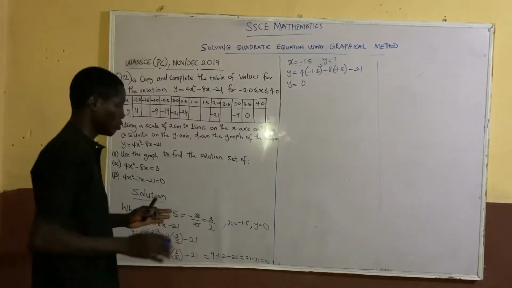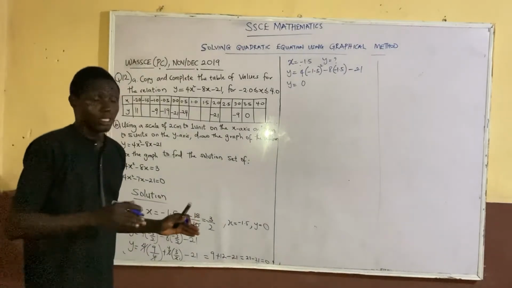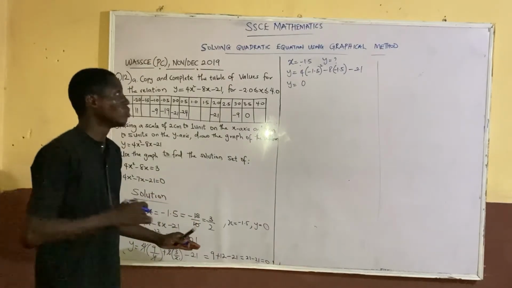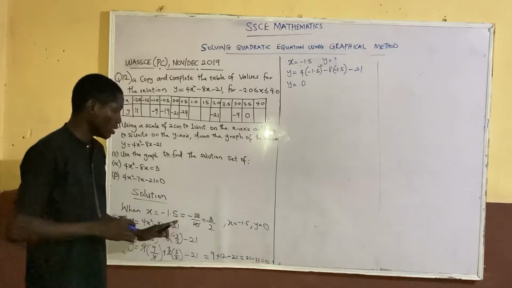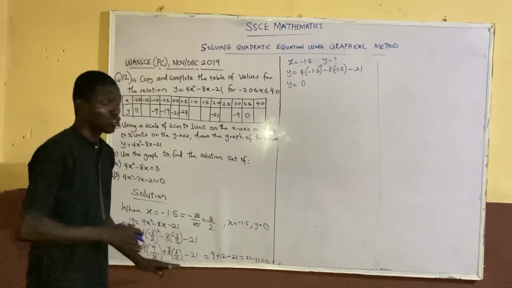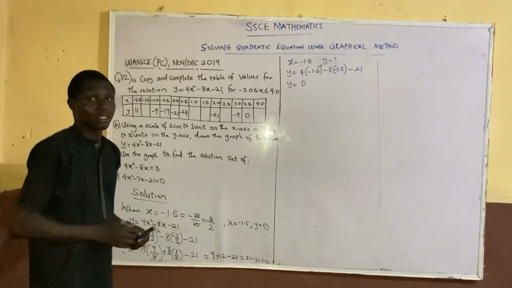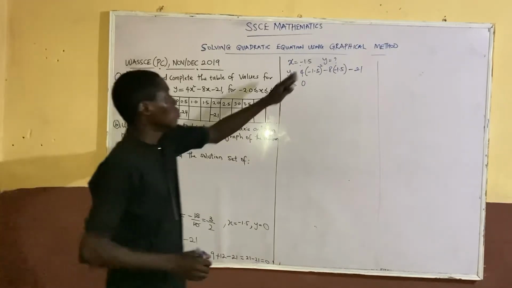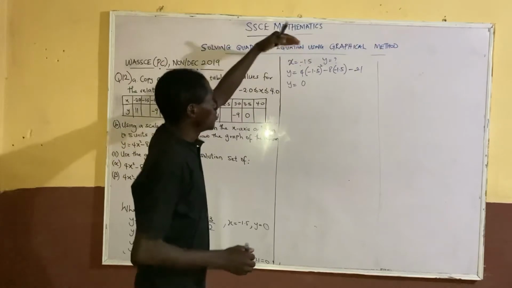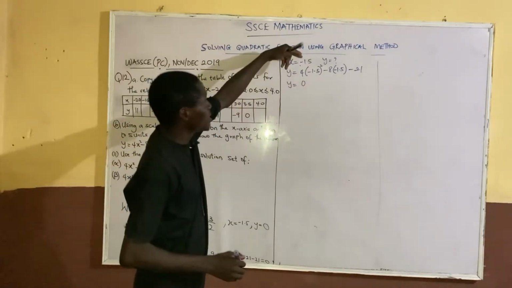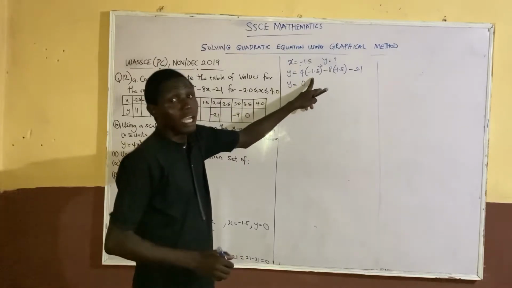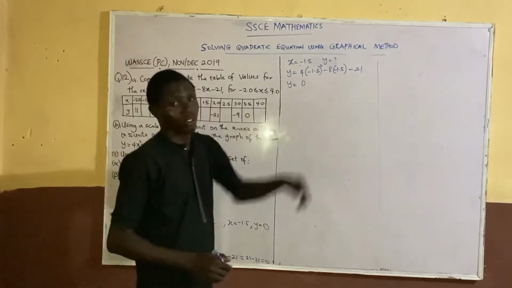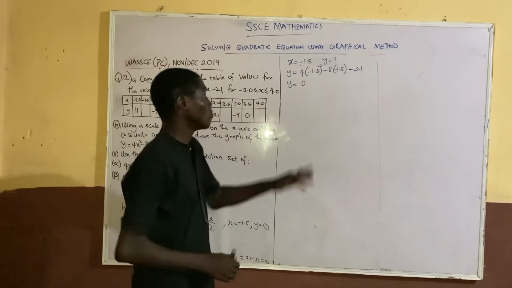I'm showing you two ways that you can do it. In case you are not given a calculator, you can convert the decimal to a fraction, then substitute your value inside the relation. Or when you have your calculator with you, you can insert minus 1.5 where x is, and then punch your calculator and obtain your value.